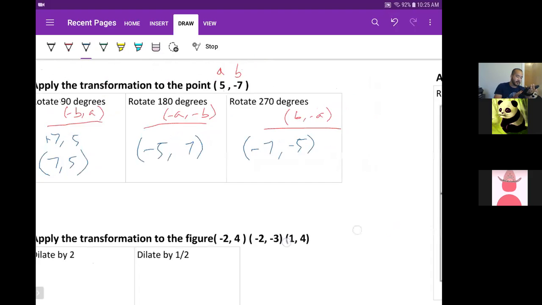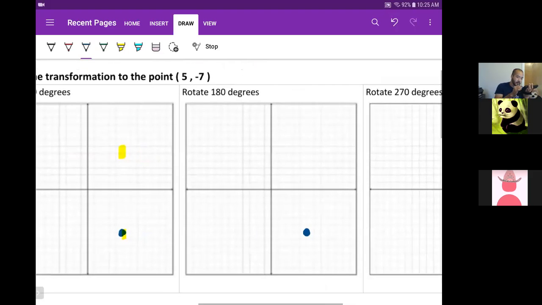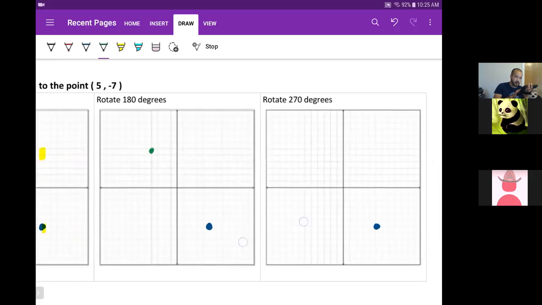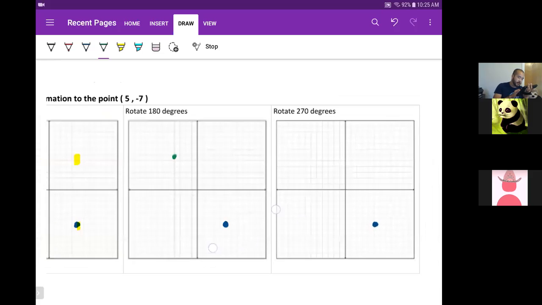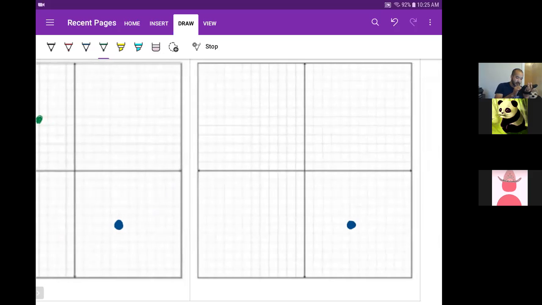So -7, -5 and -5, 7 would be about here. Let me change this color. It'd be about here-ish. And then this one, so that became -7, -5, somewhere about here.